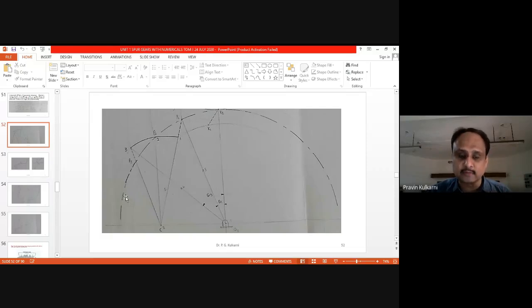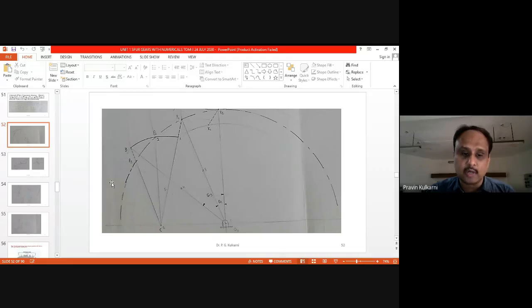Is that okay? Please reply yes or no. I'm waiting for your reply. You have to say yes or no. This will be 100 millimeter. So locate O1 as center and draw a pitch circle whose radius is 100 millimeter.